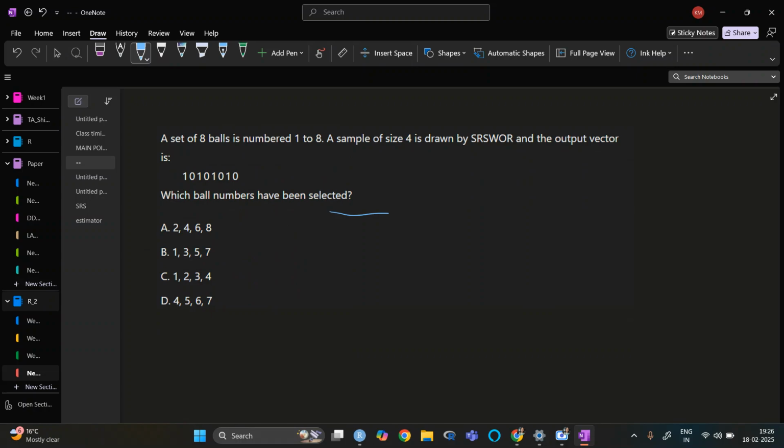What we have done is taken balls 1 2 up to 8, and then given them numbers.